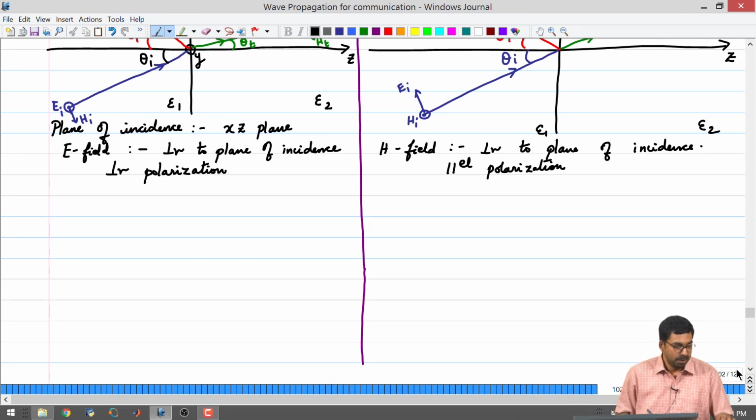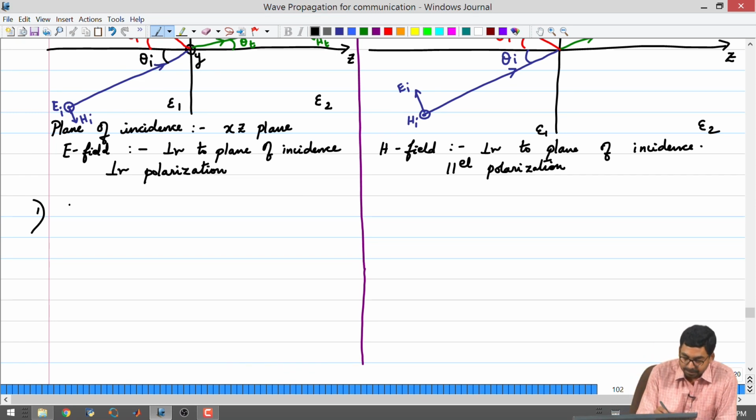Okay. Now, once having created these two systems, then we have to start doing a few things. The first thing that we want to write down is expressions for incident, reflected and transmitted waves in both these configurations. So, we start with the case on the left hand side.